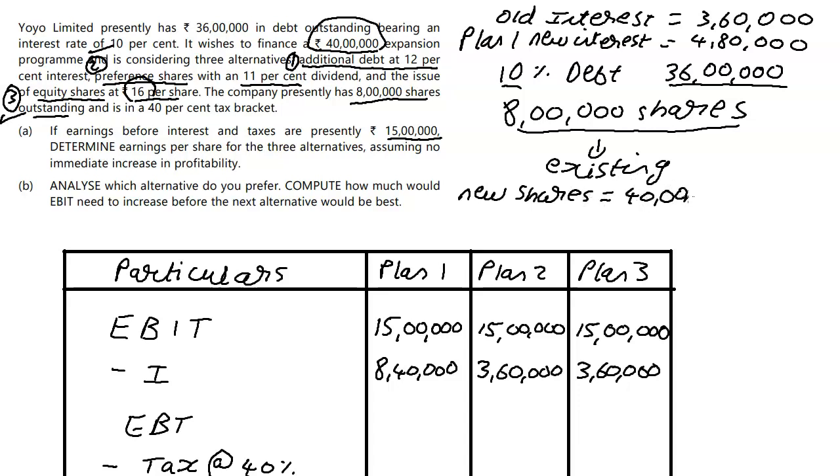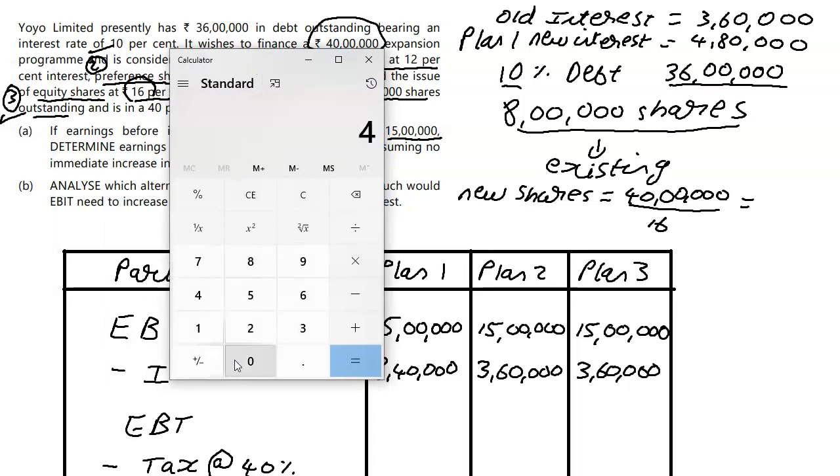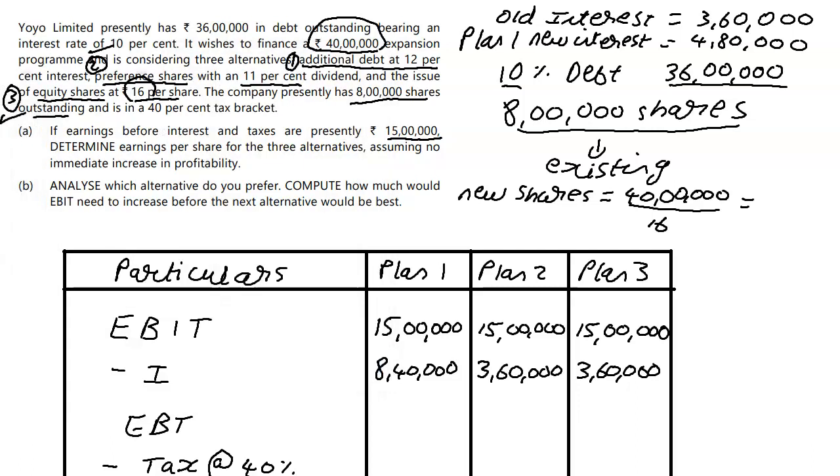So 40 lakhs upon 16 gives us 2,50,000 as our new shares, and that only happens in plan 3.